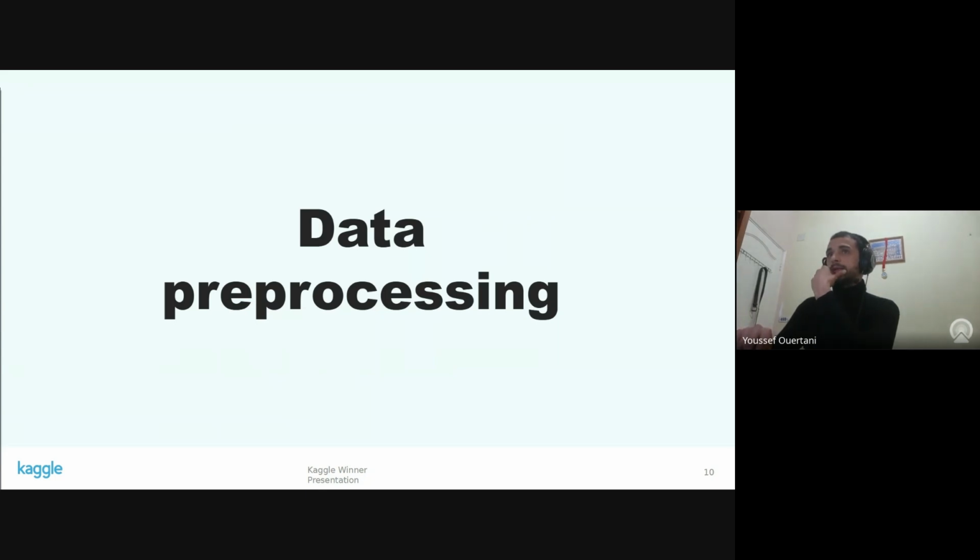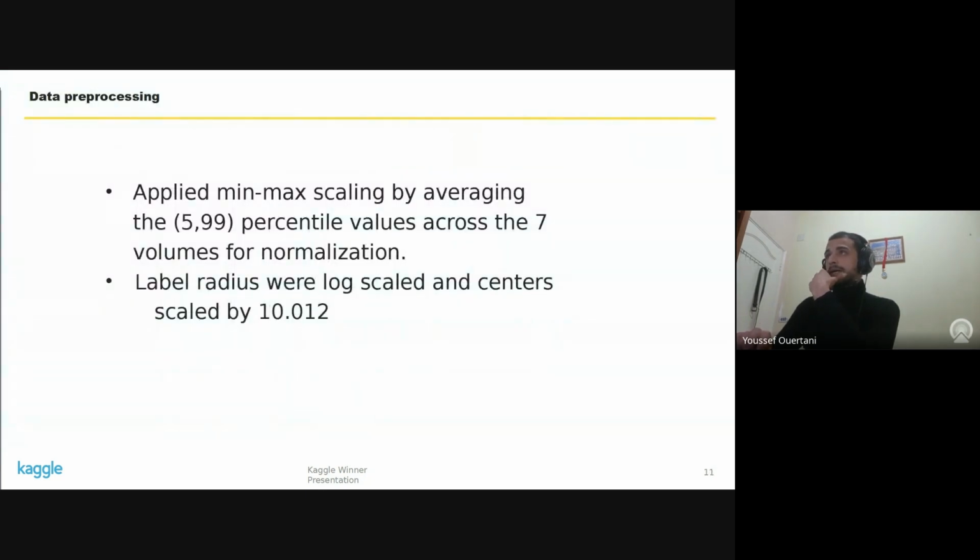For data preprocessing, I applied min-max scaling by the average 5th and 99th percentile across 7 volumes. Label radius was log scaled.